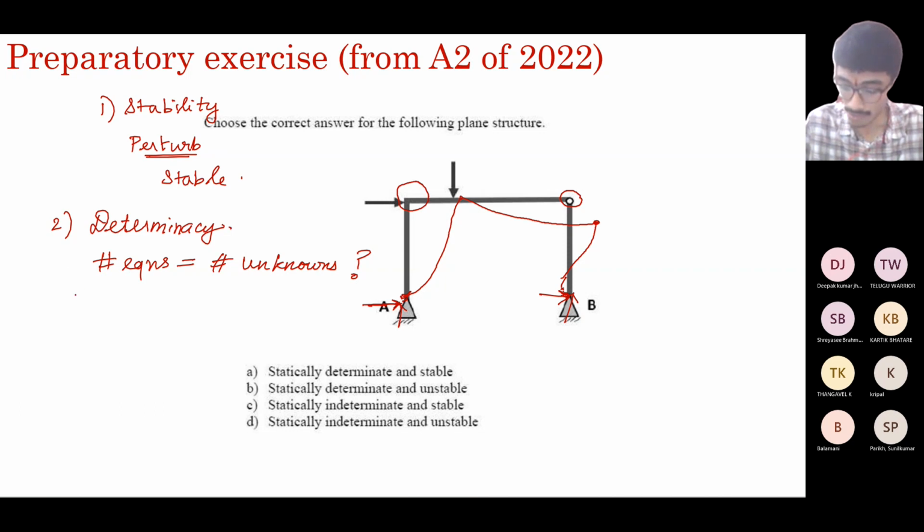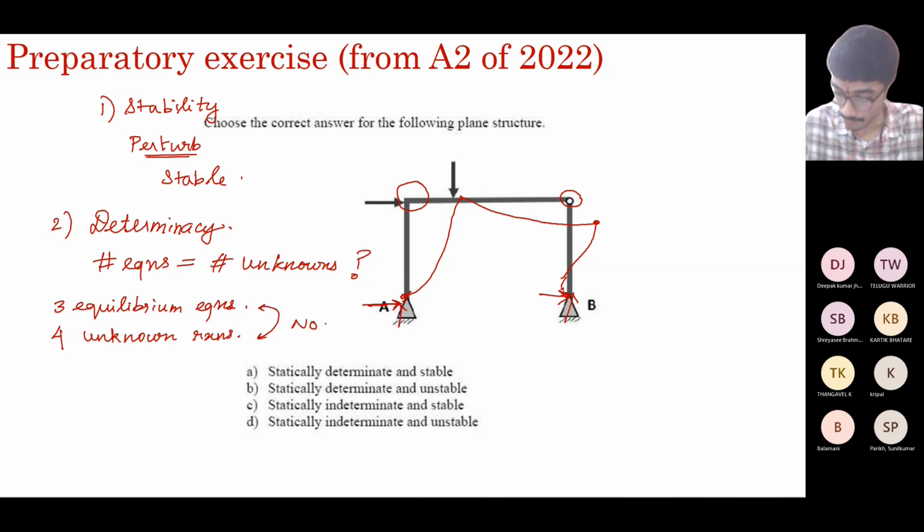Globally we have 3 equilibrium equations. And how many unknowns do we have? We have 4 unknown reactions. But is it indeterminate? No.